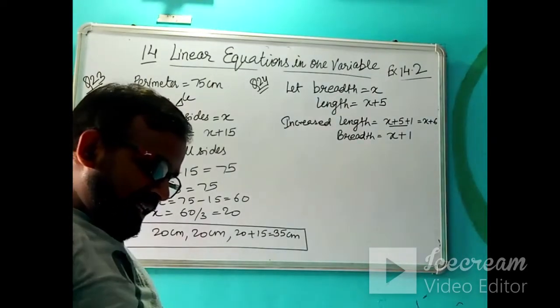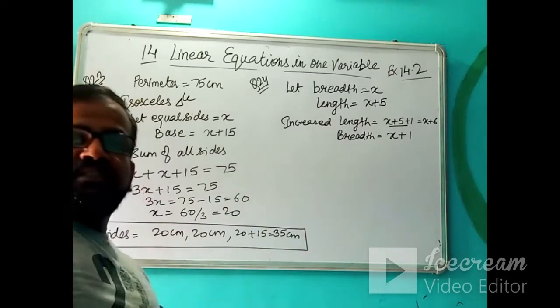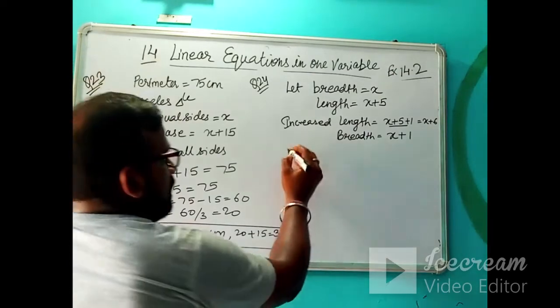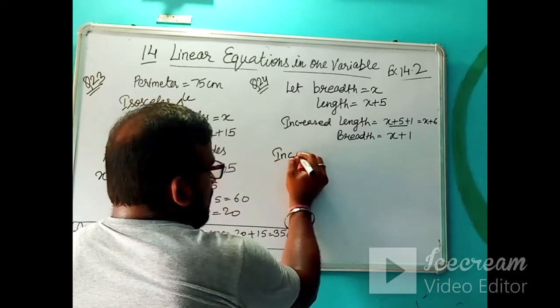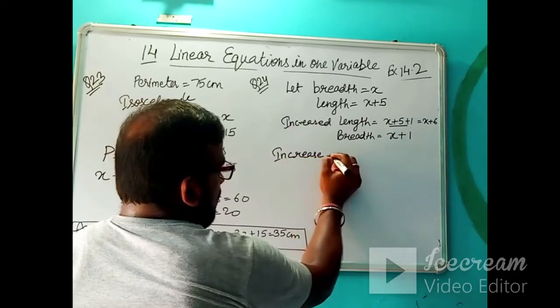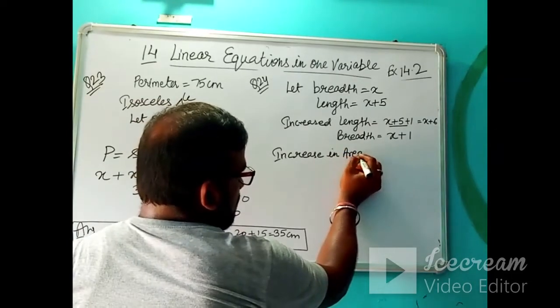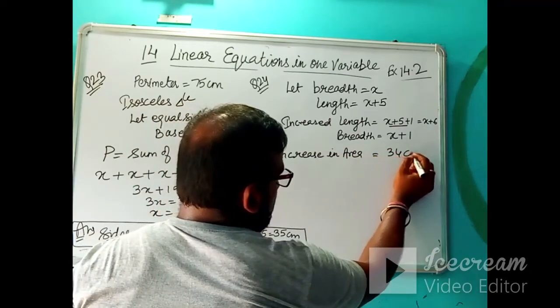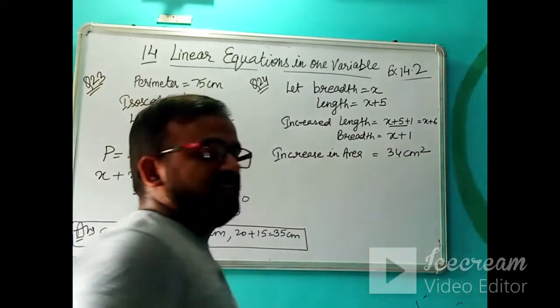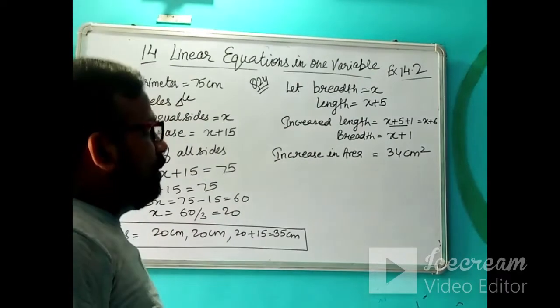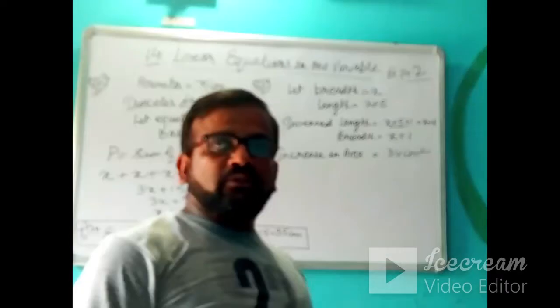The area increases by 34 centimeter square. So increase in area is equal to 34 centimeter square. This much area has been increased. We already knew the area of a rectangle is length into breadth.